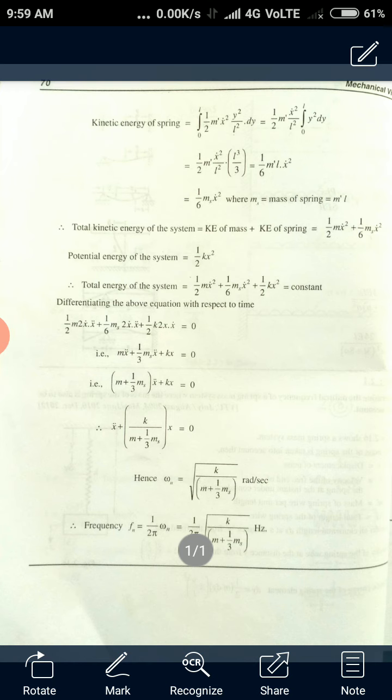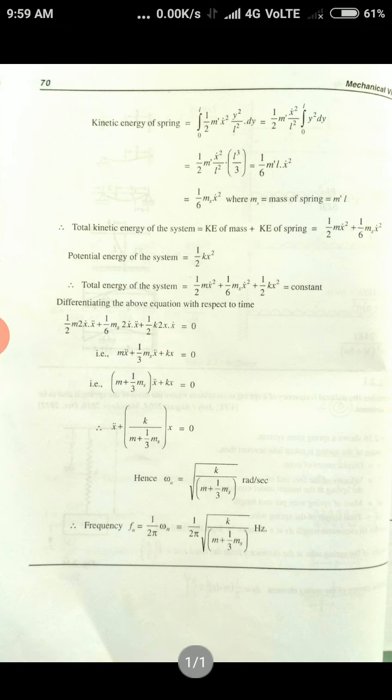So natural frequency of the system is given by the equation what? Omega n by 2 pi. Hence the natural frequency of the spring mass system, considering the mass of the spring, is given by 1 by 2 pi, omega n is what? Square root of k by m plus ms by 3 hertz.